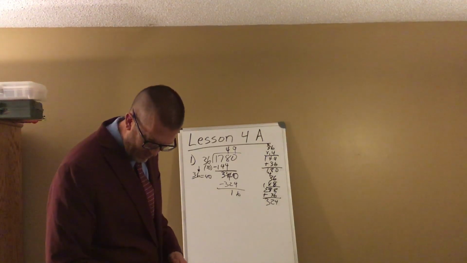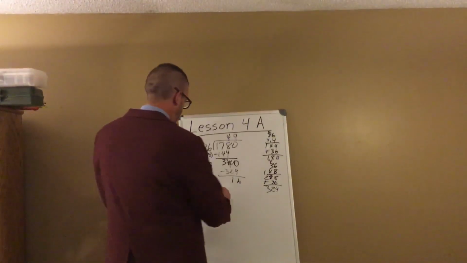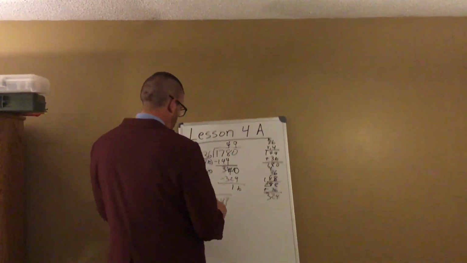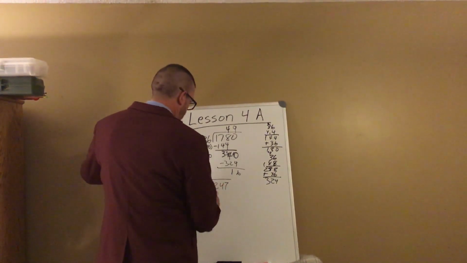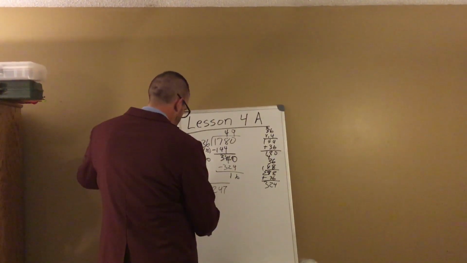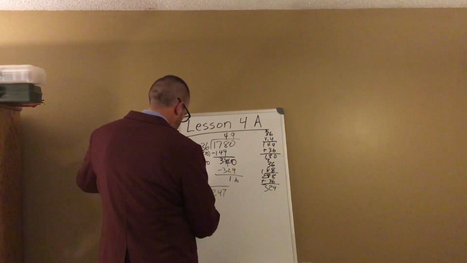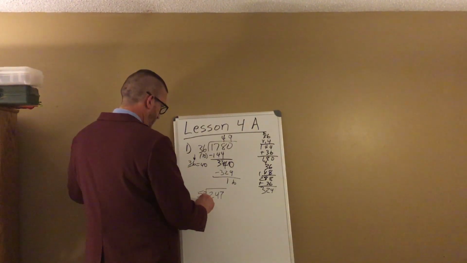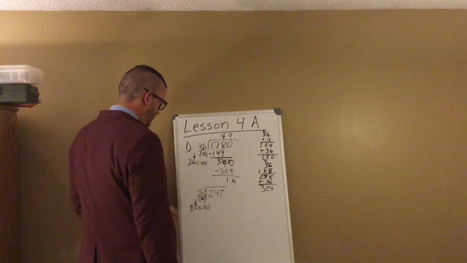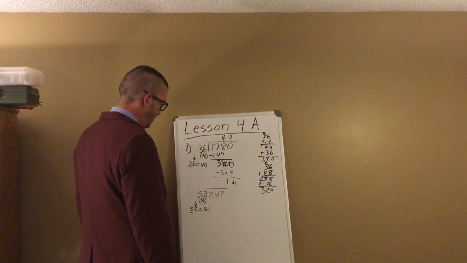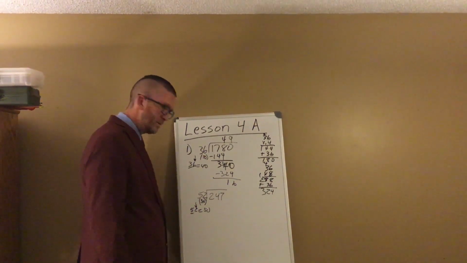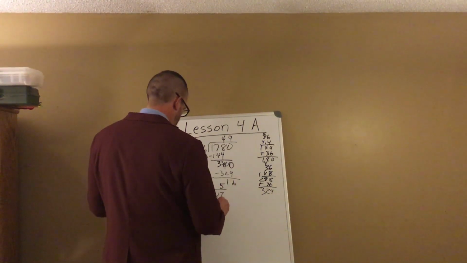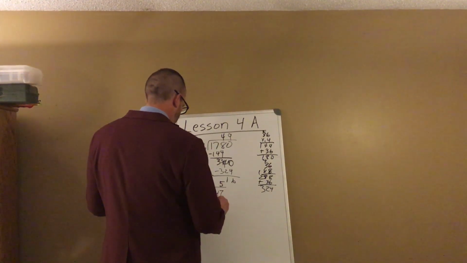Well, let's divide first. 247 people have to be divided into groups of 52 people. I round that to 50. 4 and under, we leave it alone, so that's 50. 50 goes into 247, looks like 5 times, doesn't it? 5 times 50 is 250.